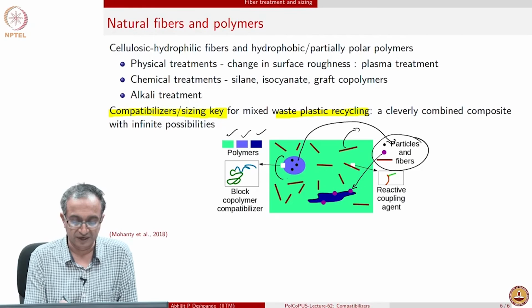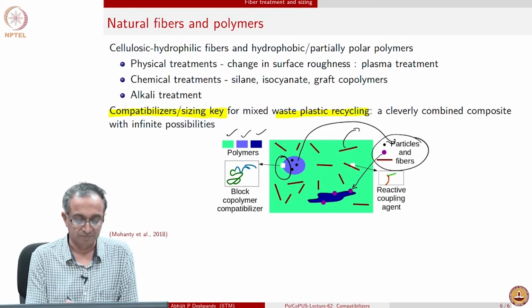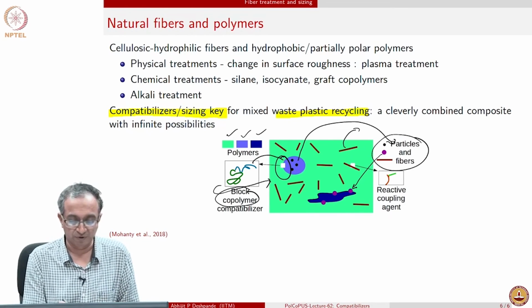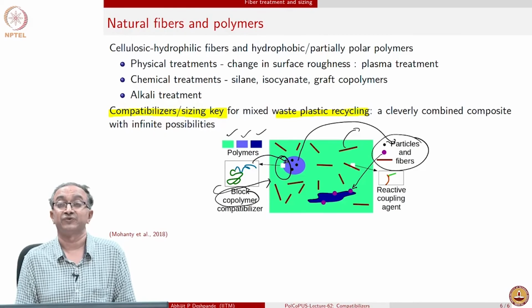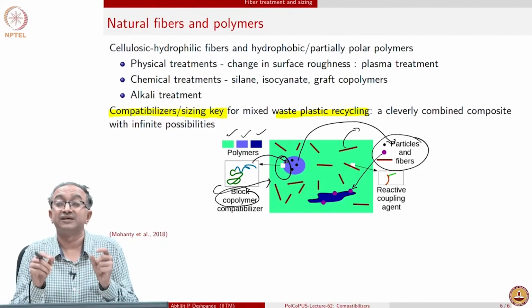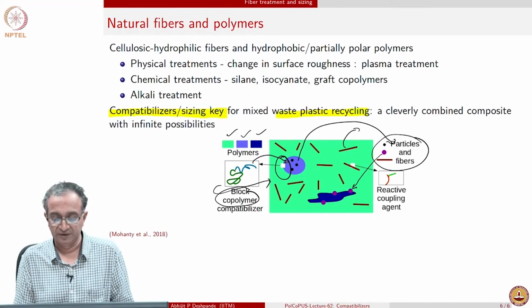For example, in this particular case, we can add a block copolymer which has a green macromolecular segment which mixes well, and a blue macromolecular segment which mixes well. Then the interface region will grow, and interfacial strength will improve.